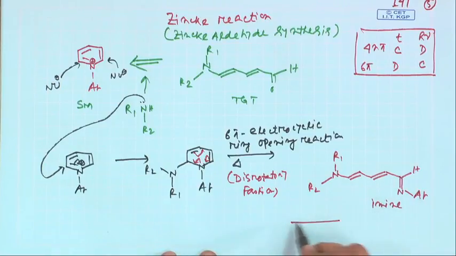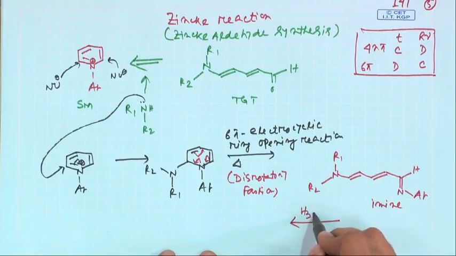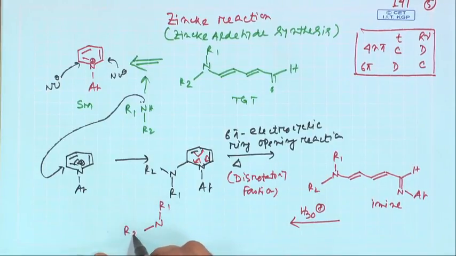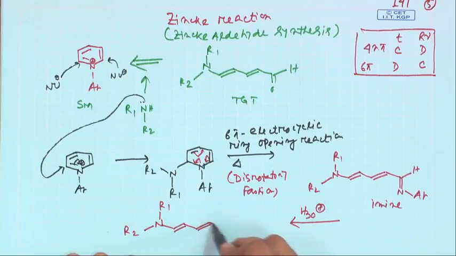Now, this imine can simply be hydrolyzed through an acidic workup, and then you can get this conjugated aldehyde, which is now generated.